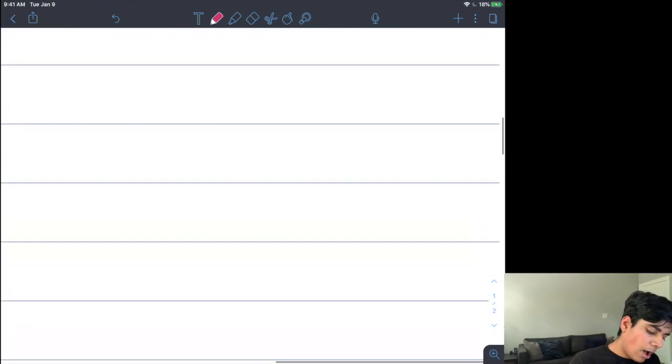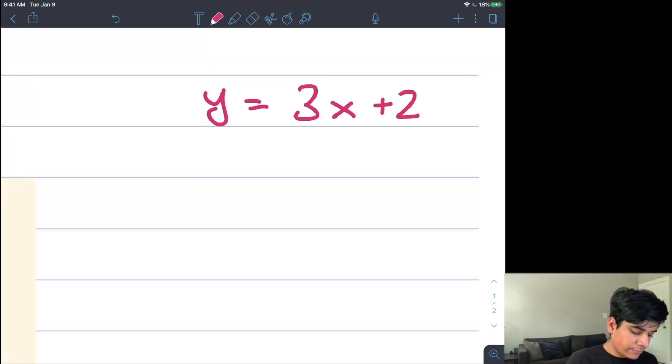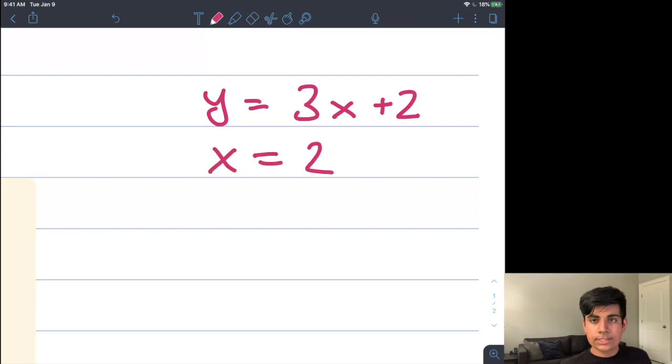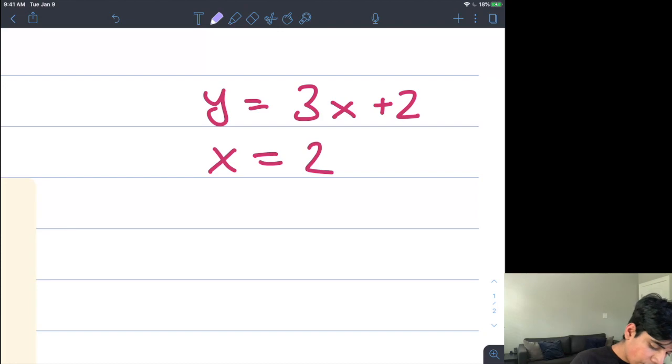Let's say I have y is equal to 3x plus 2. This is a math problem. You're trying to figure out the numerical value for y, okay? Well, this becomes very difficult, but what if I say that x equals 2? Just like that. Well, if you know that x equals 2, all of a sudden it becomes really easy, because all you have to do is take the value here.